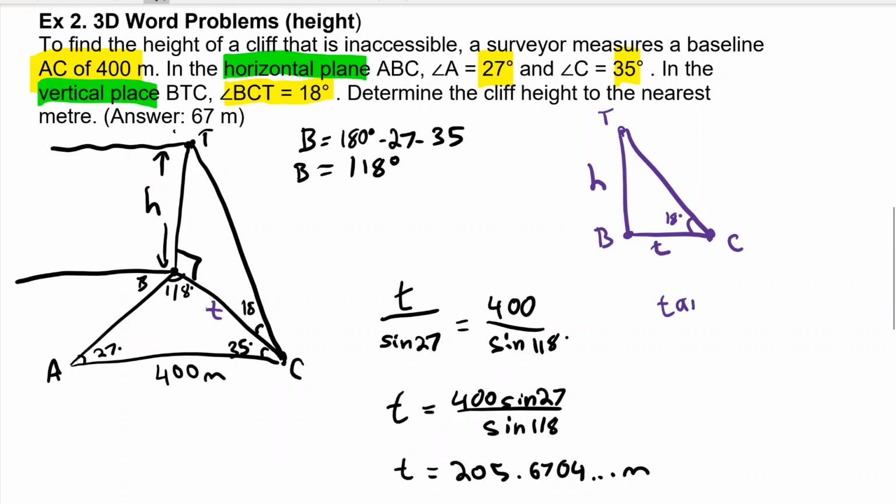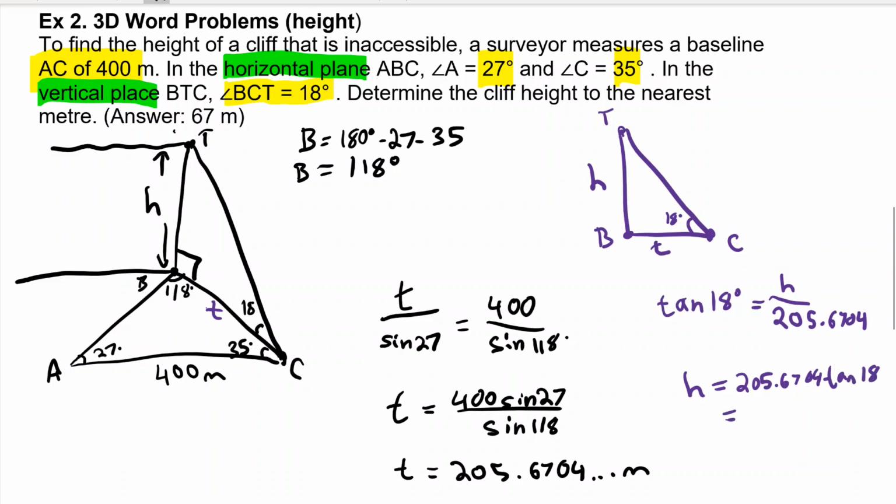So the tan of 18 degrees is equal to my opposite, which is h, over my adjacent, which is t, the side I just solved for, 205.6704. So when I'm solving for the opposite, which is the height of the cliff, I'm going to solve 205.6704 times the tan of 18.